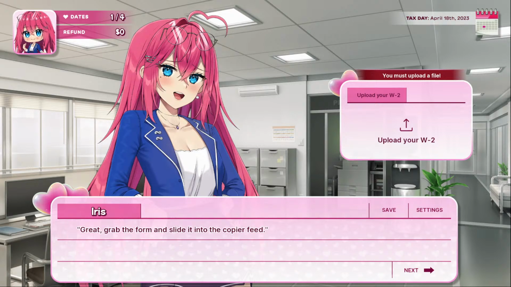Do I actually have to fill this in? Okay, whatever. Let's download it. God damn it. Why did I have to pick that? I didn't know what it was gonna do.